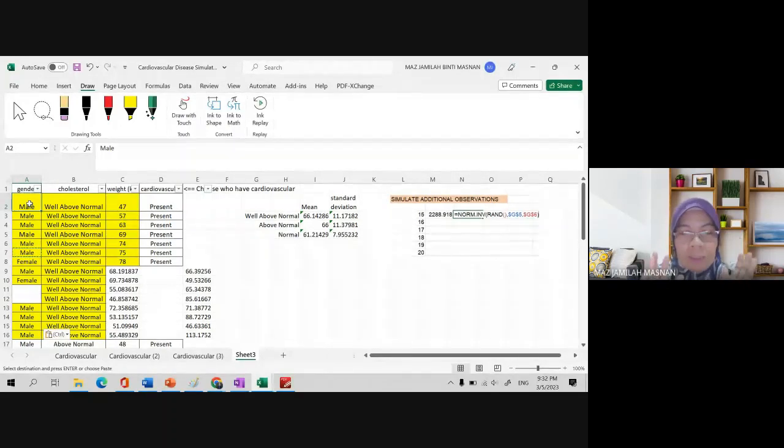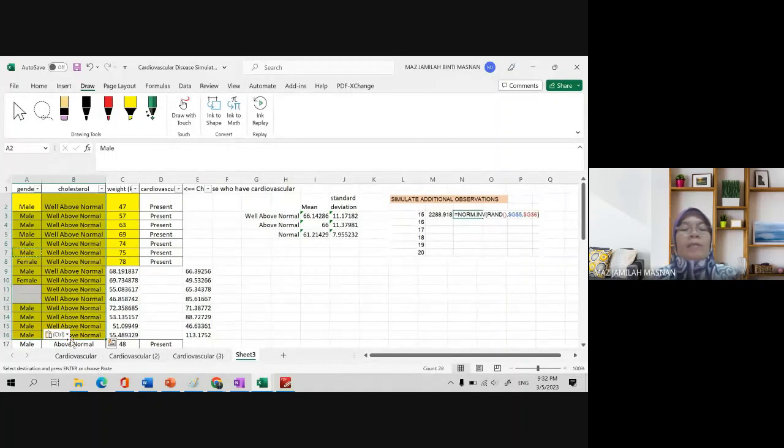In actual investigation, this is not the way we do the generated data, because with patient data, we usually do not generate new observations based on random values. So this is for the purpose of the assignment only.